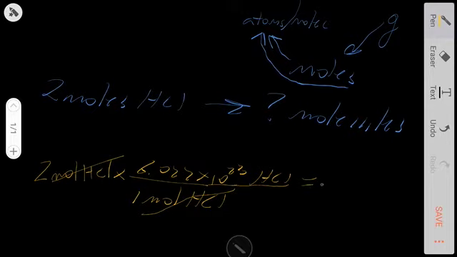So this should give you 1.204 times 10 to the 24 molecules of HCl.